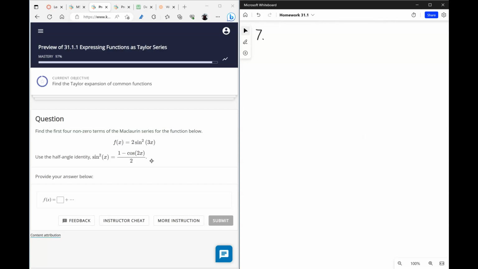In here we have a function, and we're going to do the suggested identity.